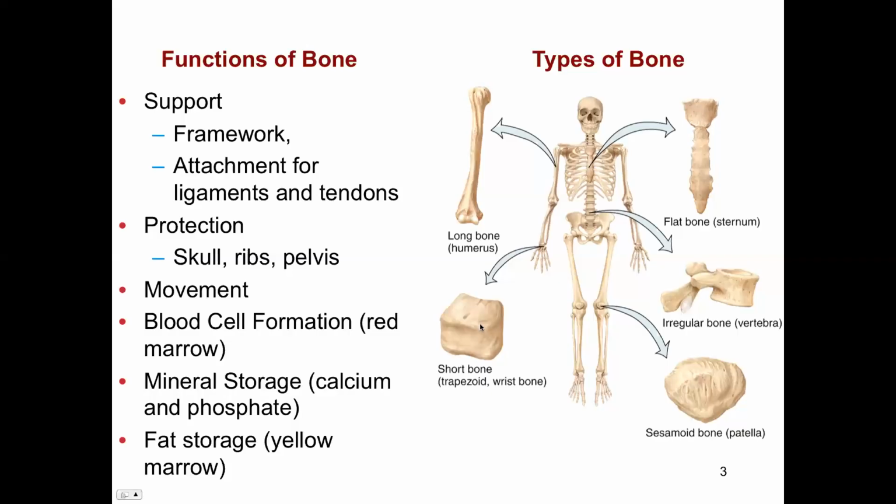Short bones, these are like the ones in your wrists and your ankles. Those are really good examples. And then there's the sesamoid bones. Sesamoid bones tend to be held in place by ligaments, and sometimes tendons, as they're muscle to muscle. And the one that's really obvious is the patella.